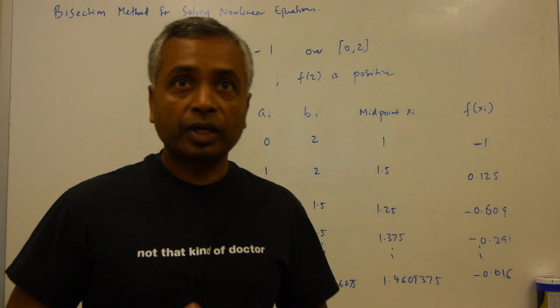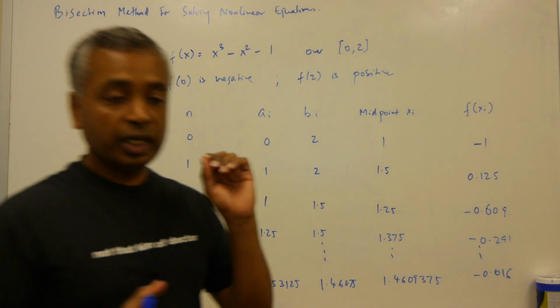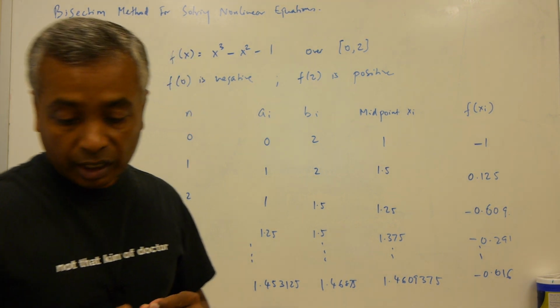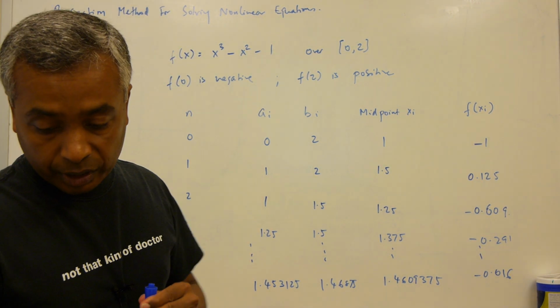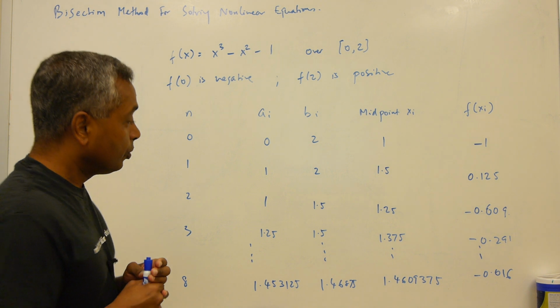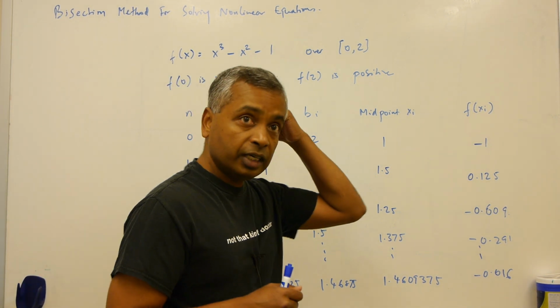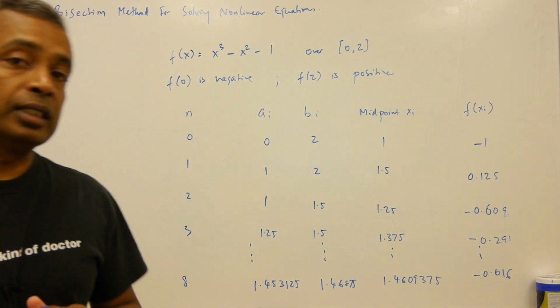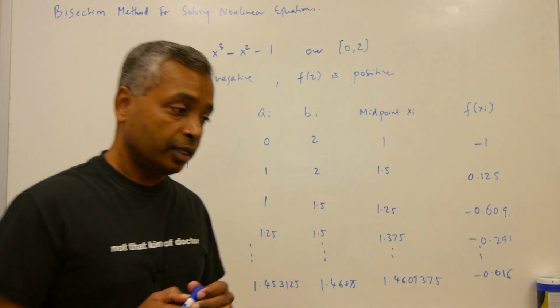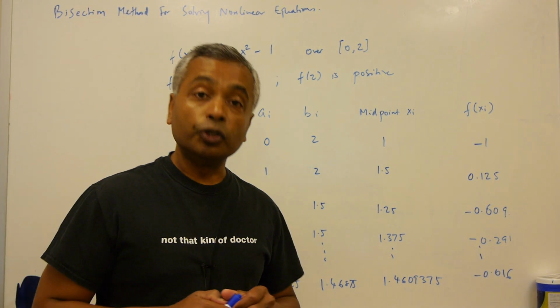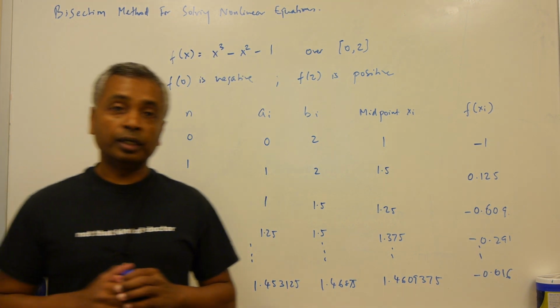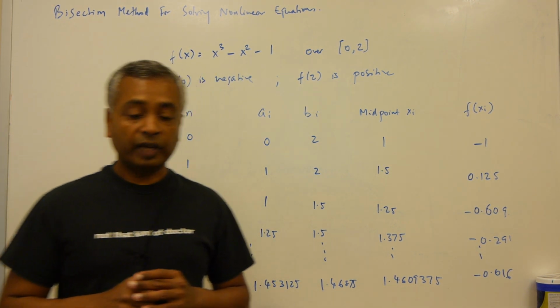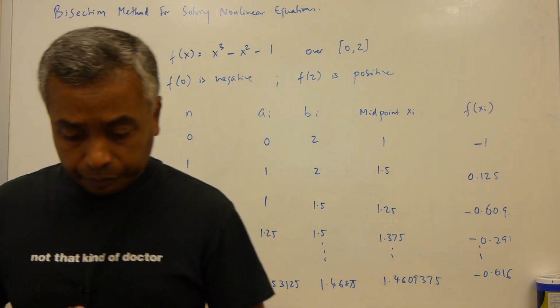Okay, so if you have an interval which flips sign, there will always be a solution between these two endpoints. The next thing to note is that bisection method is a relatively slow method. The convergence rate is linear. Ideally, we'd like something that's faster than linear. And in the next two lectures, I will show you two methods, the Newton method and the secant method, which are both faster than linear.